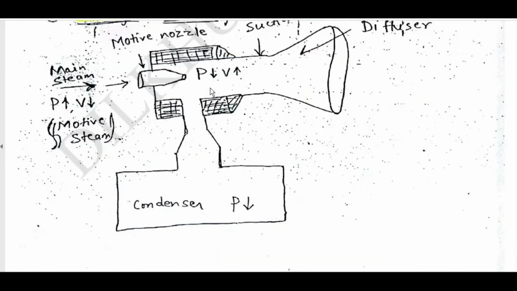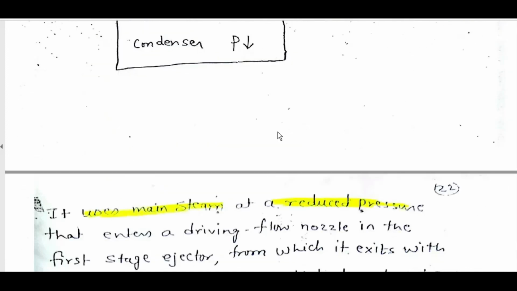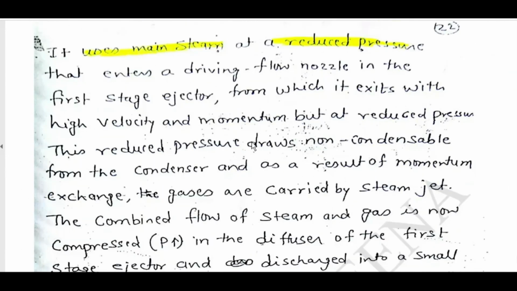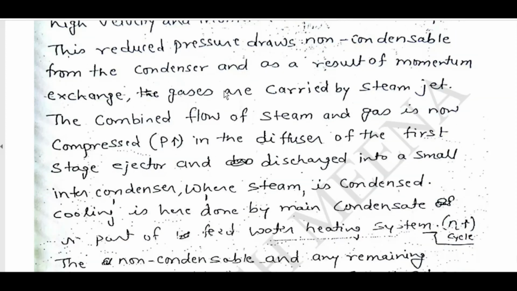Air ejector working: condenser, motive steam, air stream, main tube, nozzle, suction, diffuser. It uses main steam at a reduced pressure that enters a driving flow nozzle in the first stage ejector, from which it exits with high velocity and momentum, but at reduced pressure. This reduced pressure draws non-condensables from the condenser.